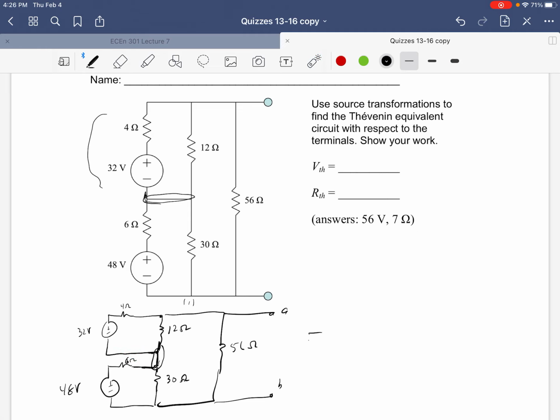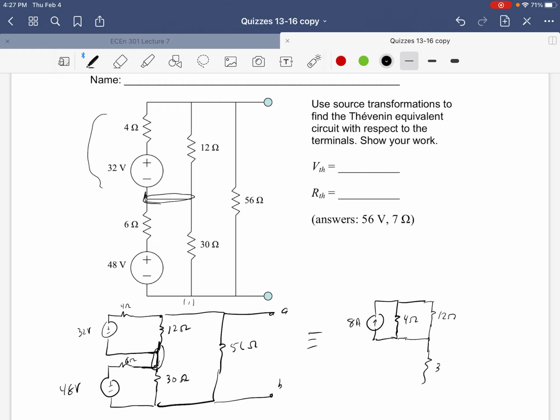So let's do that. When we do a source transformation, we're going to have a current source in parallel with a resistor, and that'll be 4 ohms. And then the current source will be 32 divided by 4, so 8 amps. And that's equivalent to this, which is in parallel with this 12 ohm resistor. So we've got the 12 ohm resistor there, and then this is all coming down.